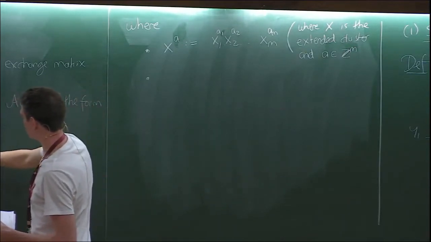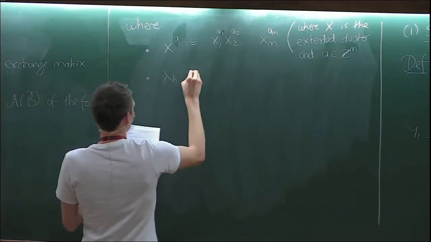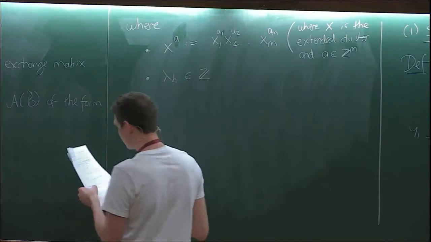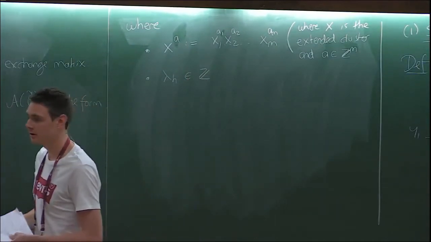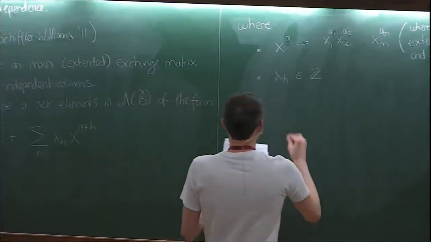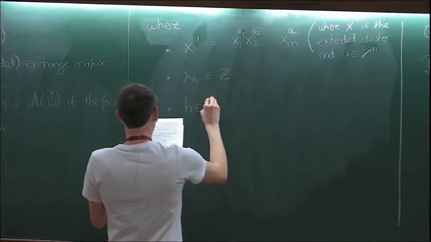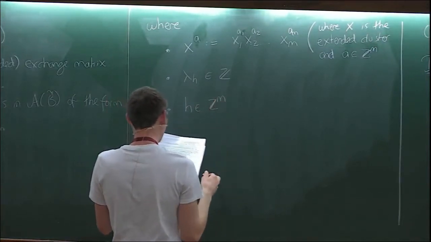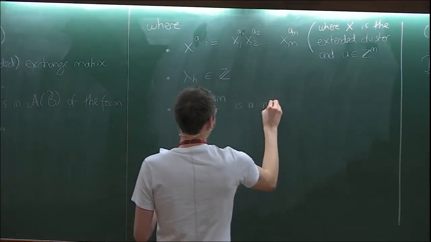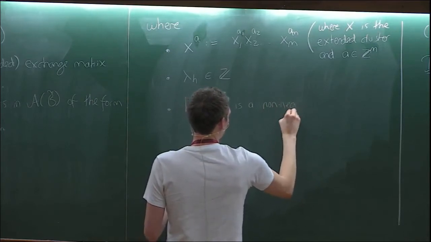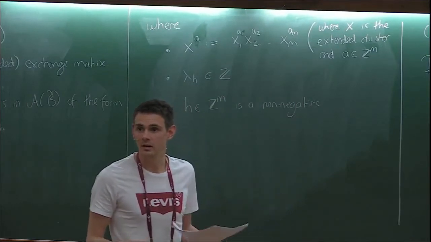Okay, and so in this sum, what is lambda h? Well, lambda h is just some integer. And, okay, more importantly, what is this sum over, right? Well, h is again in Z^m, but it's a very specific thing. It's a non-negative linear combination of the columns in B tilde, yes?